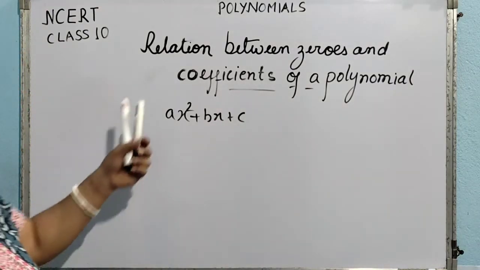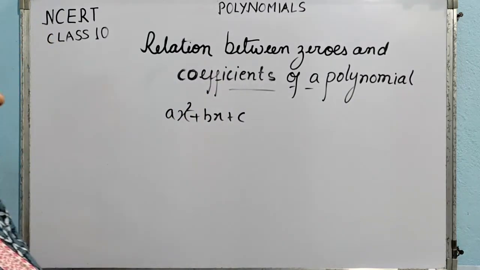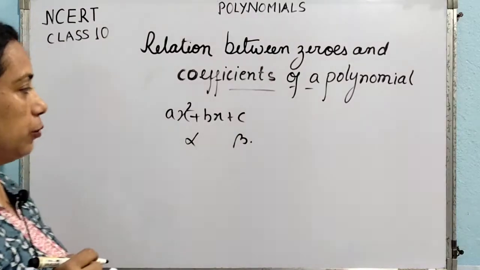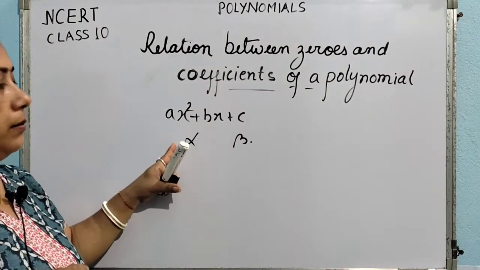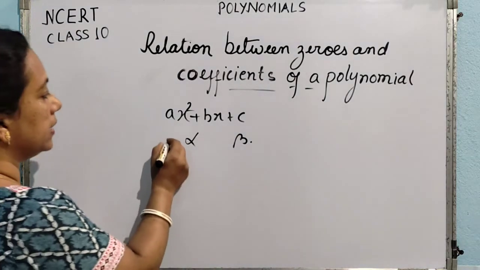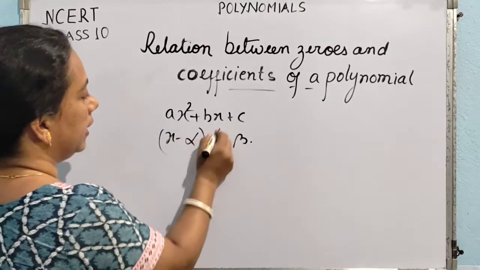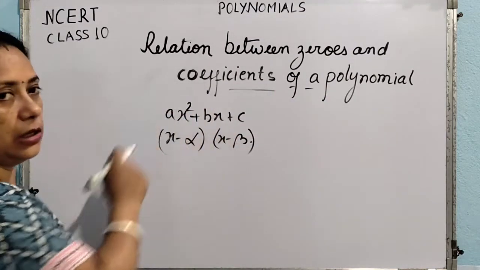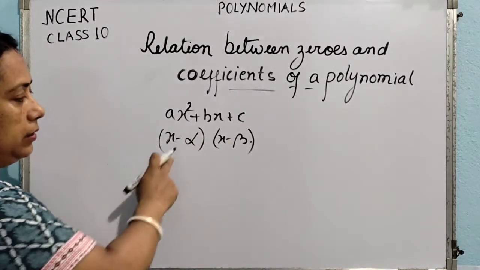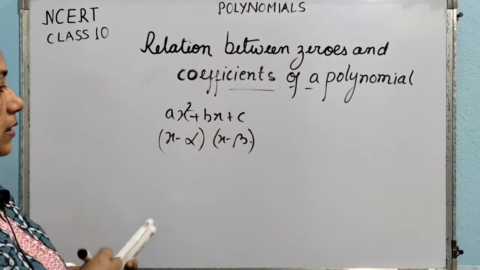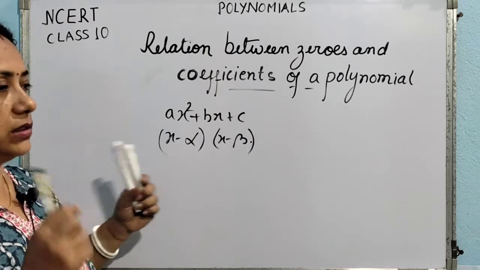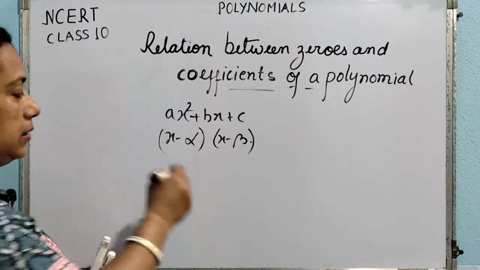Now, suppose alpha and beta are two zeros of the polynomial. Then by factor theorem we know that x minus alpha and x minus beta will be the two factors of this polynomial, isn't it? What does factor theorem state?